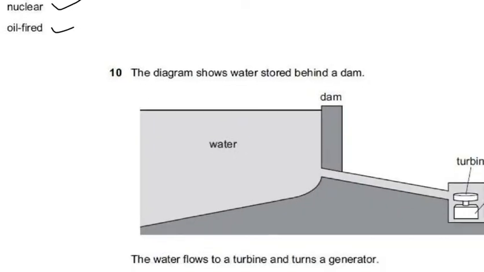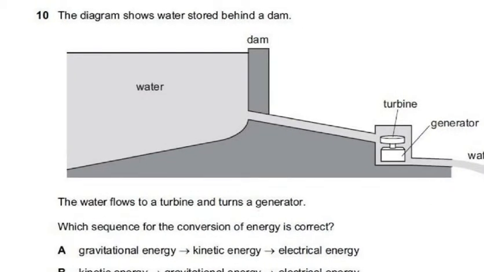Cool. Now we've got a picture of a hydroelectric dam. Alright. What we have here is a dam, side view of it. There's a pipe going through it. Alright, and then behind the dam there's a reservoir of water. This is much higher than the water on the other side of the dam.